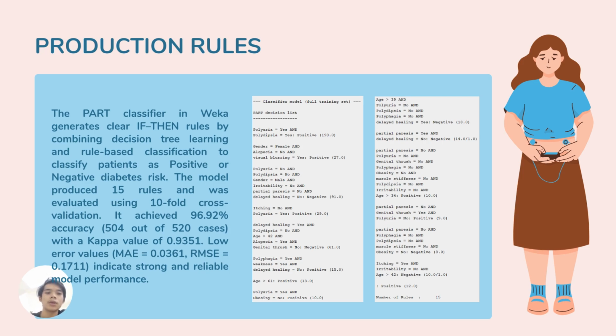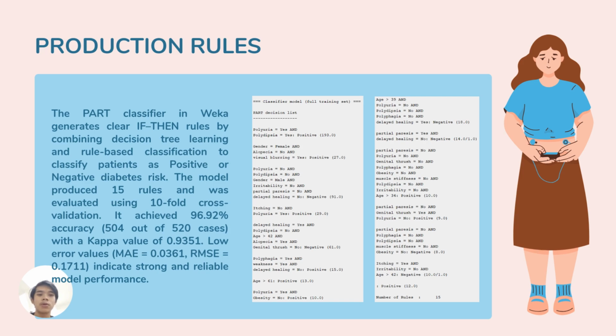In addition, the error values are low, with an MAE of 0.0361 and an RMSE of 0.1711. This low error indicates that the model made very small prediction mistakes.